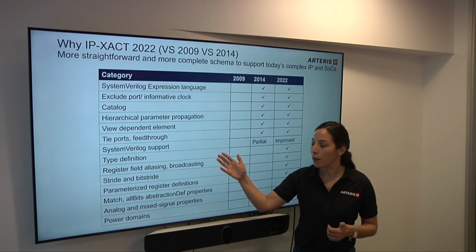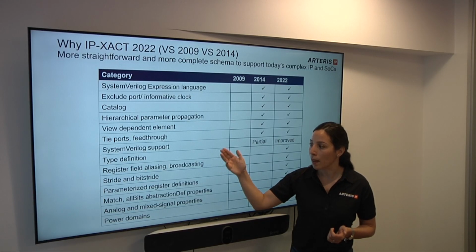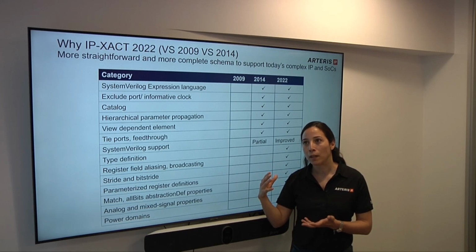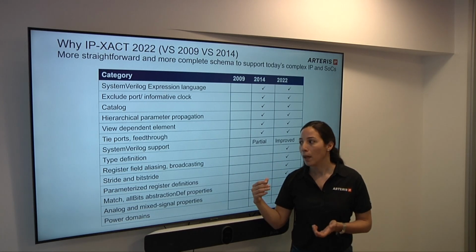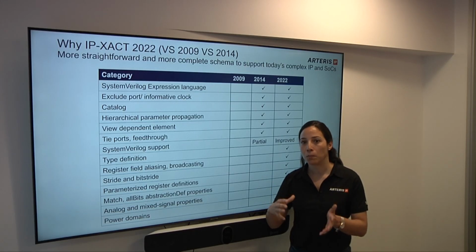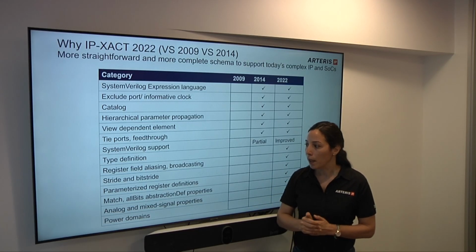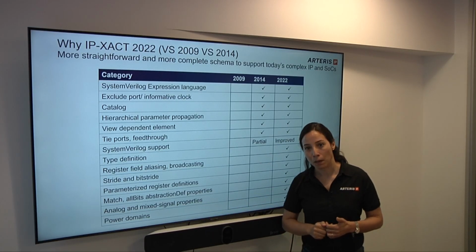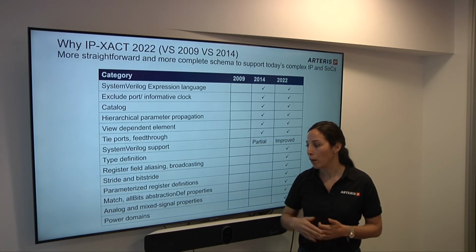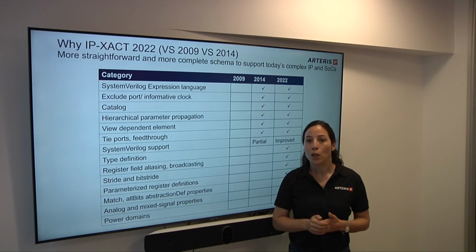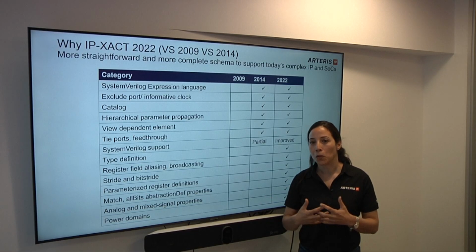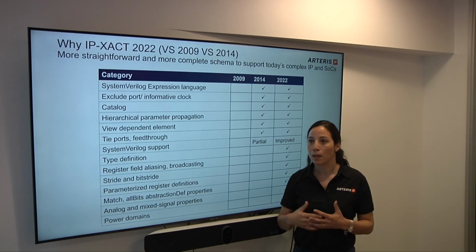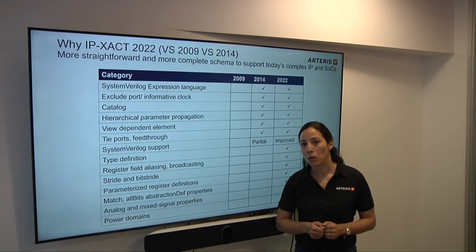We also have specific elements like the type definition that could be used to define and describe the memory map, having this kind of template that could be used from one project to another. There are actually more and more features, the power domain that could also be handled, the analog and mixed signal properties. So yeah, it's a more complete, more straightforward standard that helps to address the complexity of the new SoCs.